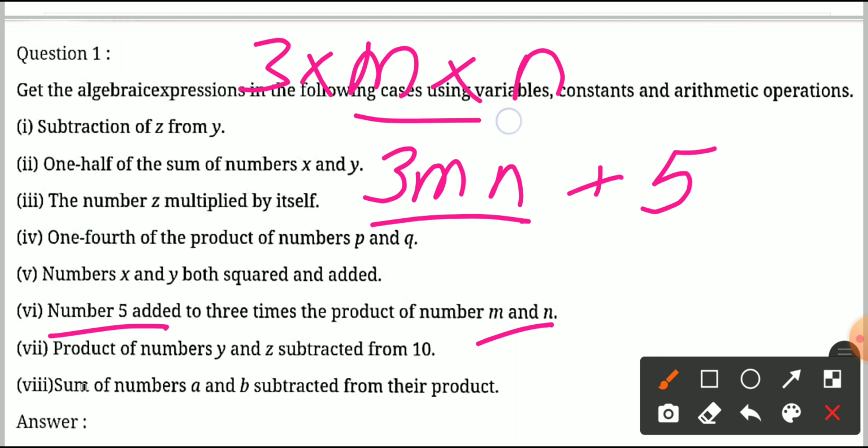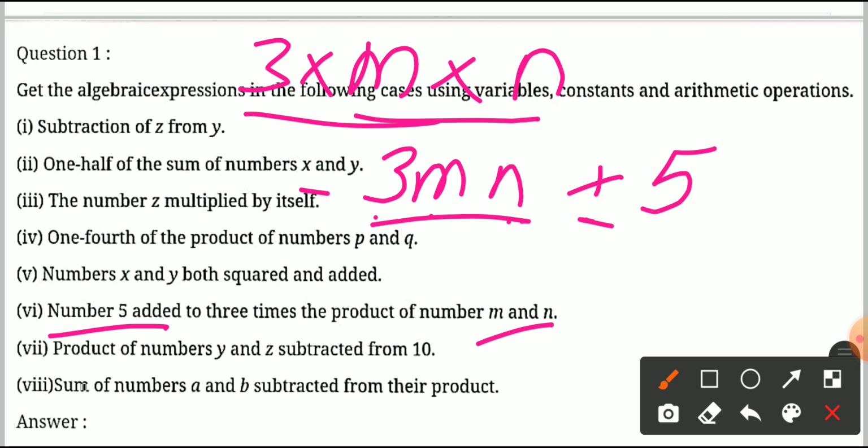The product meaning is also multiply. So we have here 3 multiply m multiply n, which is 3mn. So the answer is 3mn plus 5. Number 5 is added to the product of 3, m and n.